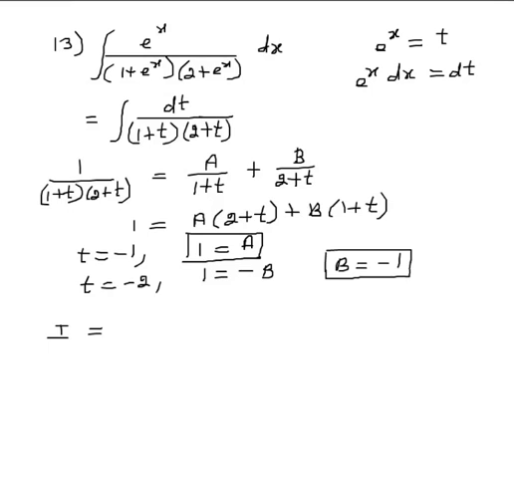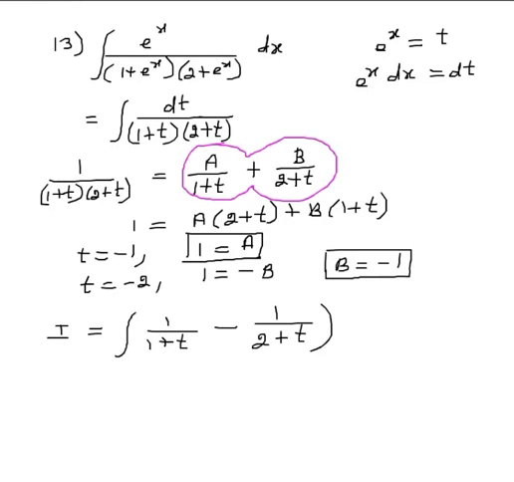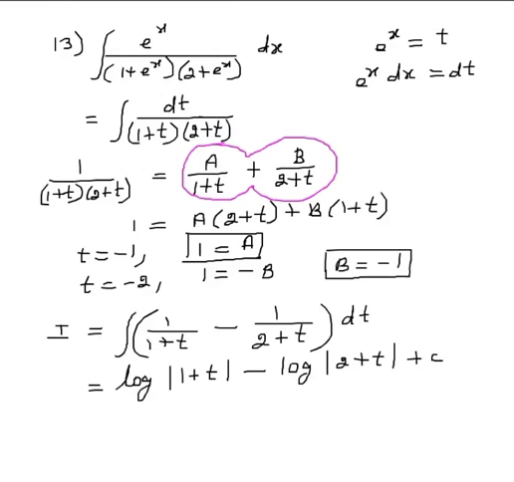Therefore, the given integral becomes, let us write these two fractions, a divided by 1 plus t and b is minus 1 divided by 2 plus t, dt. Both are linear functions. So log of absolute value of 1 plus t minus log of absolute value of 2 plus t plus c.